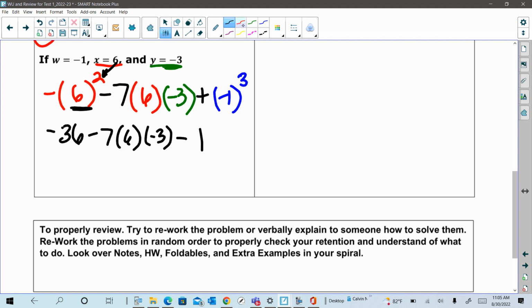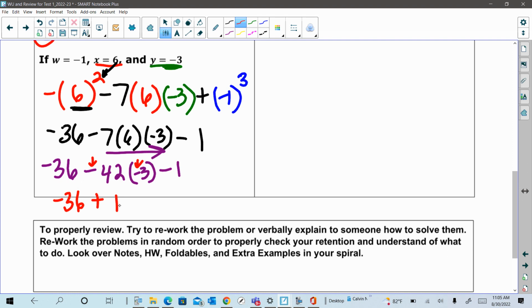So now we're doing our operations from left to right. Negative 36 minus 42 times a negative 3 minus 1. Well, this is like saying a negative times a negative. Anytime you do a negative times a negative, what does it become? Positive. So this would be a negative 36 plus a positive 126, and then minus 1.